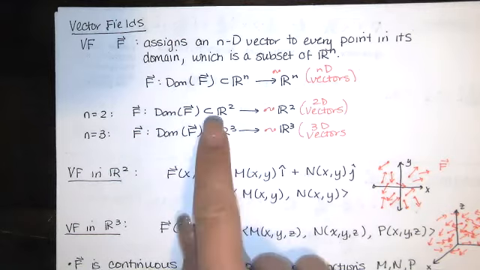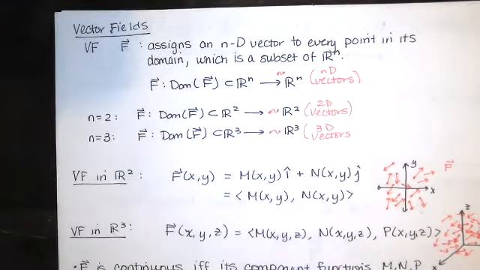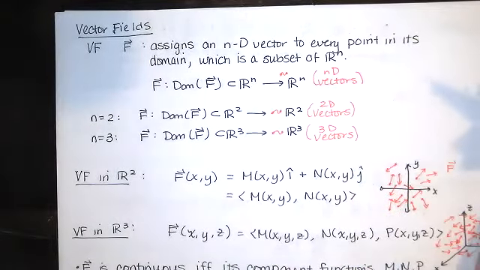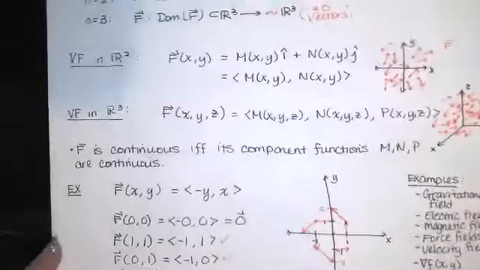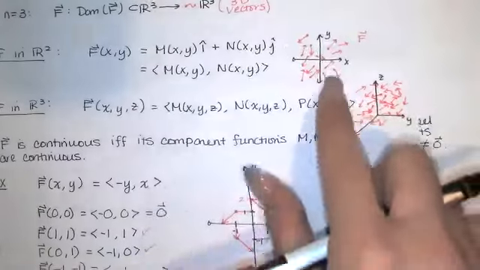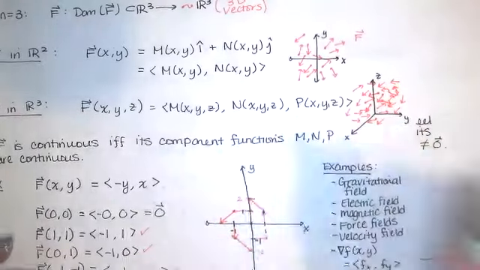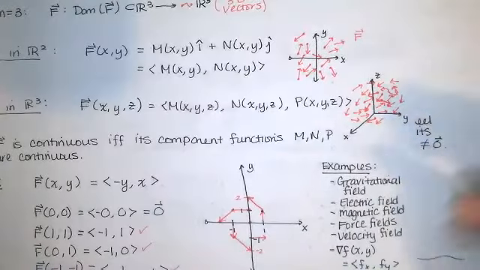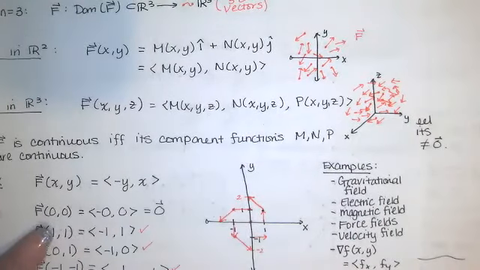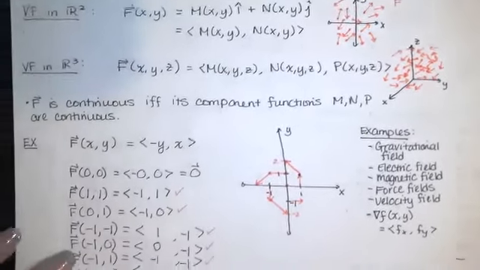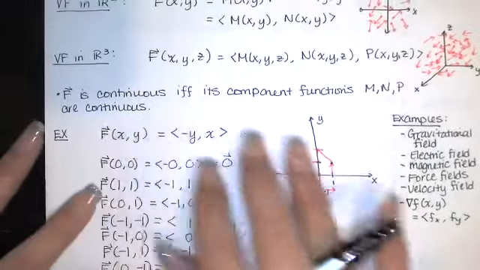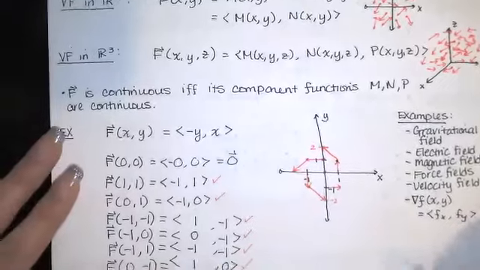So we're going to look at vector fields in the plane and vector fields in space, but everything that we've done applies to n dimensions as well. But here's some ways to visualize it. Every xy in the plane is associated with a vector, or every xyz in space is associated with a vector, or some subset of the plane or some subset of space if those vector fields have slightly smaller domains. And we said that vector fields are continuous if the component functions are continuous.